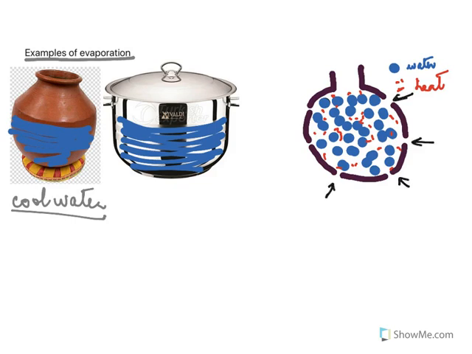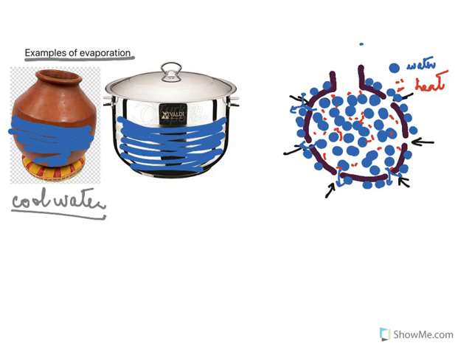So when you keep water in an earthen pot, the water molecules slowly move out of the pot and come to the surface because the pot is porous. Here they move out of the pot, the water molecules, like this. Here they move out and they collect outside the pot.